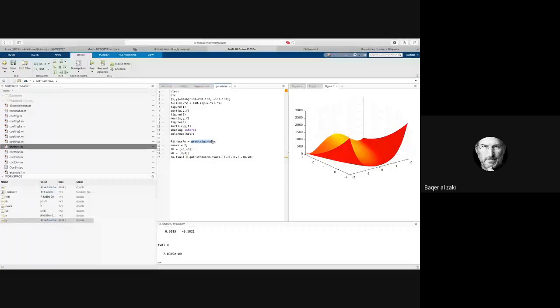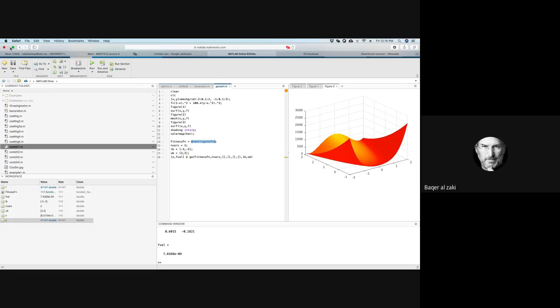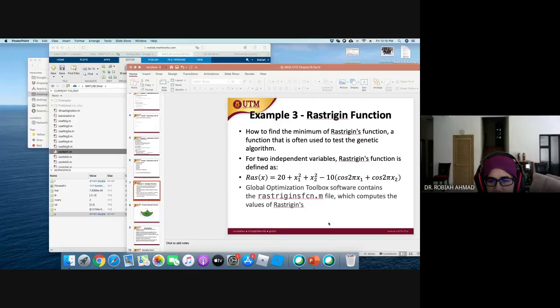I don't know. I can't see it. Yeah, it's very small. Okay. This function. You can just call that.